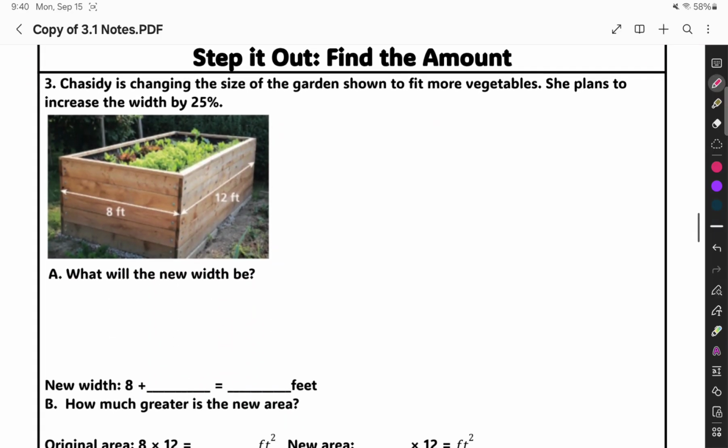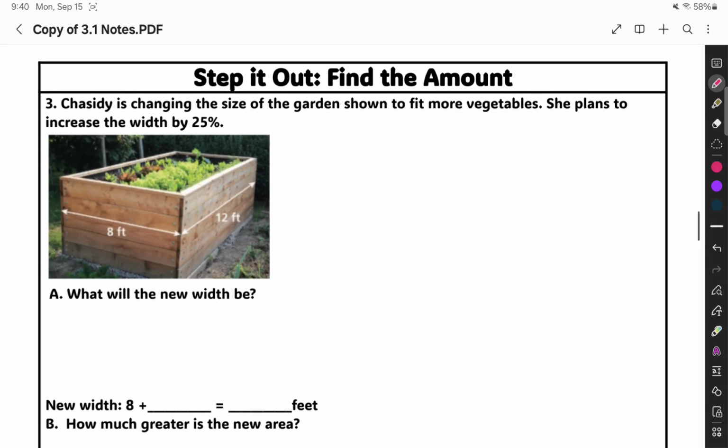Alright, so we can keep on going, and here we're still finding the amount. It says Cassidy is changing the size of the garden shown to fit more vegetables. She plans to increase the width by 25%. So we're increasing, we're changing, and we have a percent.